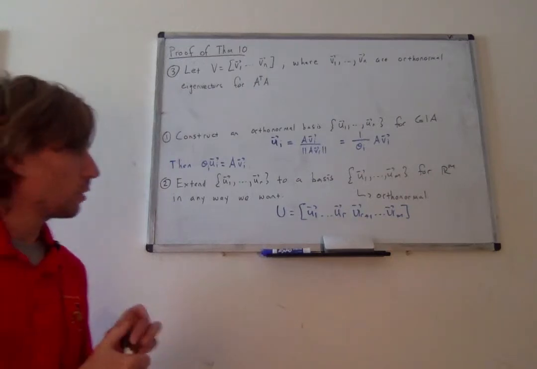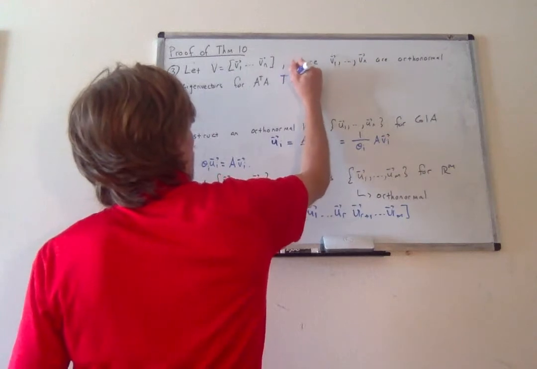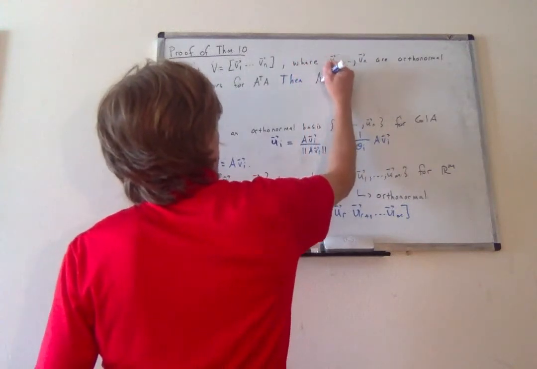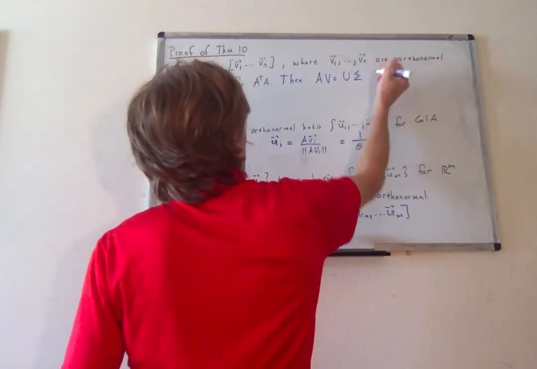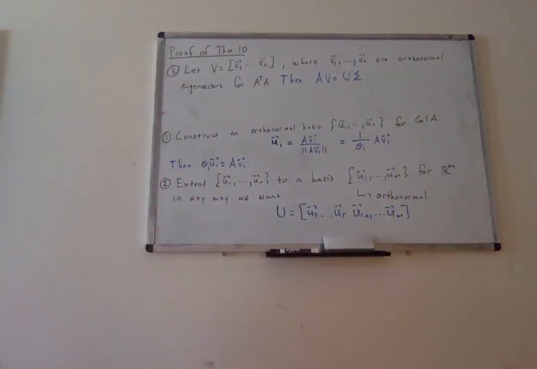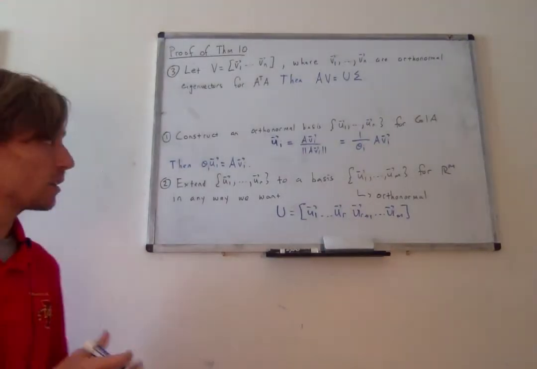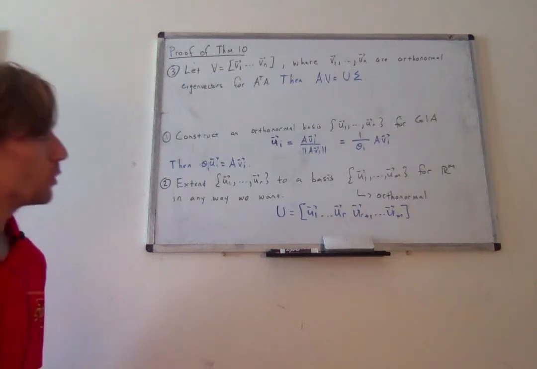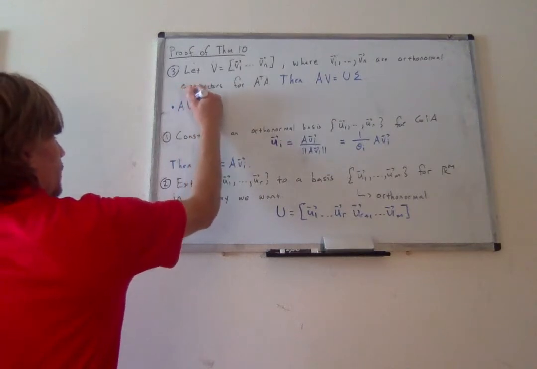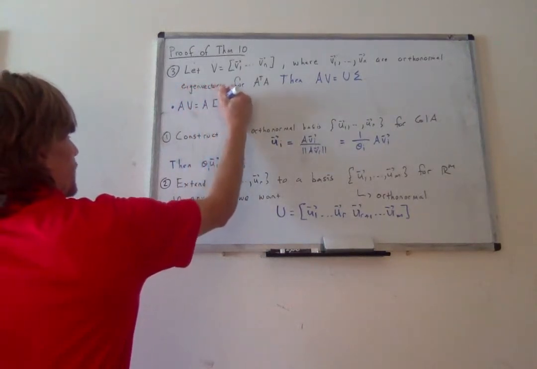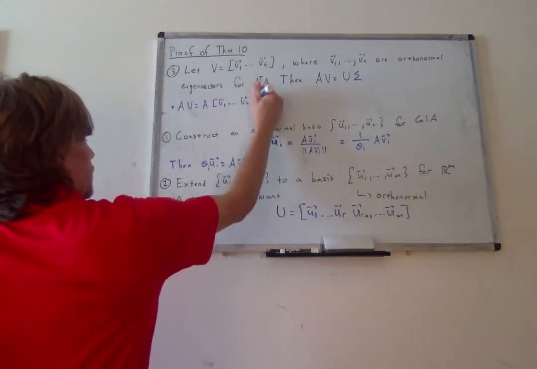Then all we want to show is that A times V is equal to U times sigma. And after showing this, it'll be one more quick step to show that, in fact, we can decompose A in this way. So to do that, first I want to calculate A times V. This is equal to A times the matrix where we lay it out like this.